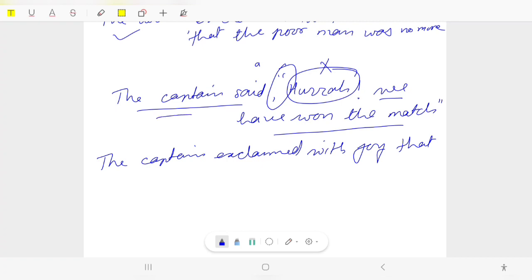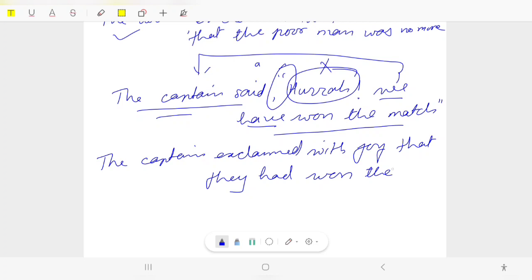Now this we is a first person pronoun. It will be changed according to the subject. The subject is captain, and here the captain is speaking, so it includes the team members also. So the third person pronoun will be they. The captain exclaimed with joy that they. Has, have will change into had. They had won the match. Like this we change exclamatory sentences.